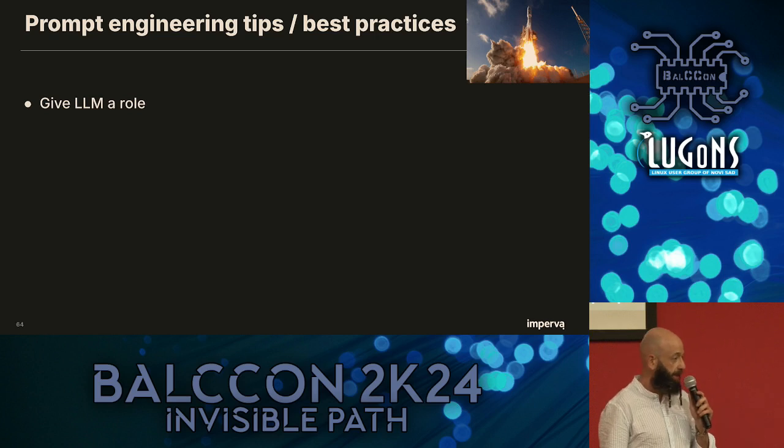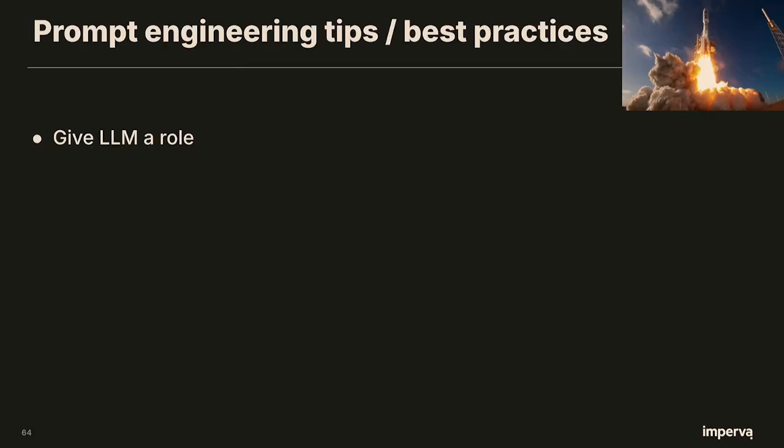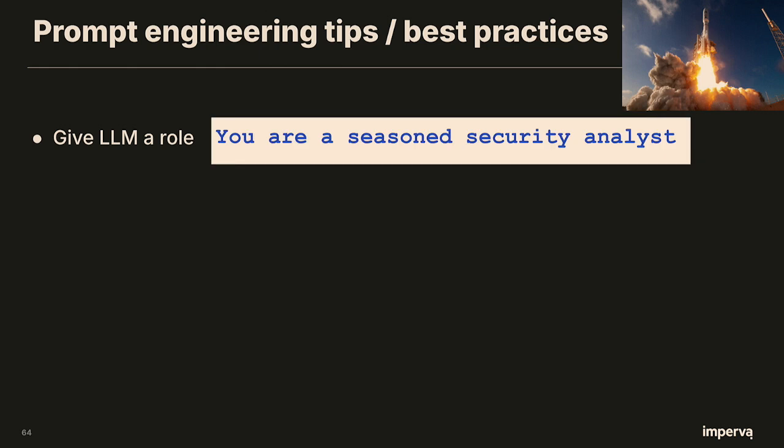Okay. And in the last couple of slides, I want to share our tips and best practices for prompt engineering that we encountered in this project. The first one is giving the LLM a role.